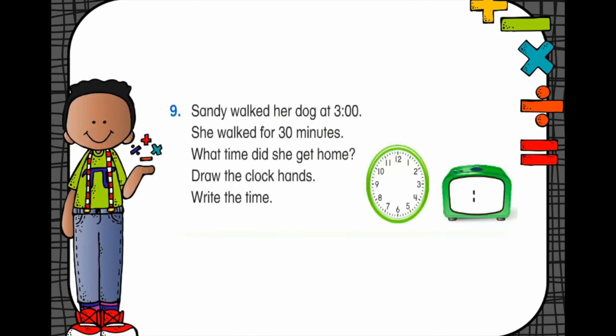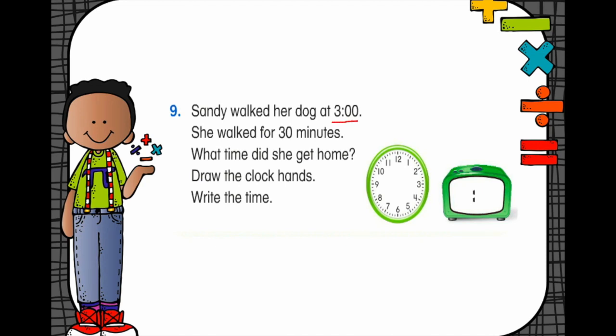Another example is a word problem, and it says, Sandy walked her dog at 3 o'clock. She walked for 30 minutes. What time did she get home? Draw the clock hands and write the time. All right, so going back to my pen, we know that she started to walk her dog at 3 o'clock.